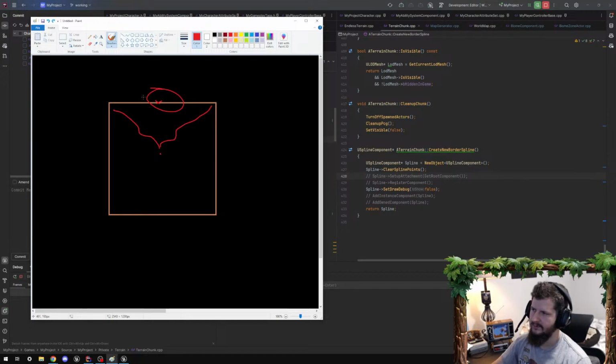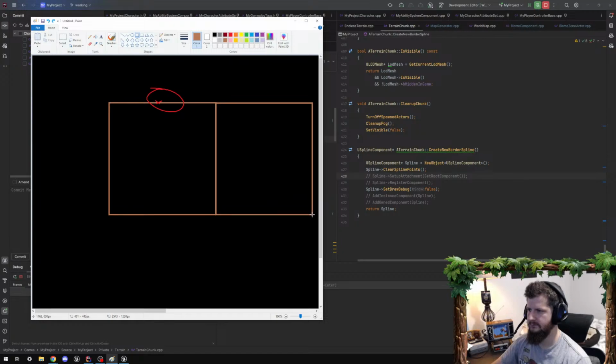So, and it's actually because, hang on, let me redraw this. I actually need the neighboring chunks. And so it would take it and turn it into this now. That's the entrance.